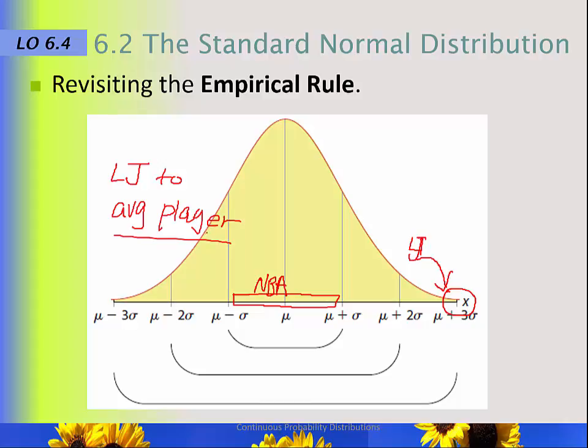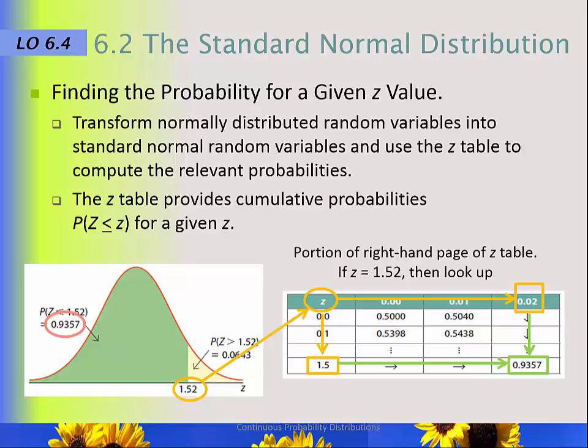So let's go back to a little bit more detail about the normal distribution here. So we use the normal distribution to find the probability of a particular event occurring. So let's just say that, for example, we had some problem where we did a transformation, which I'm going to show you in a second, and we came up with a z value equal to 1.52.